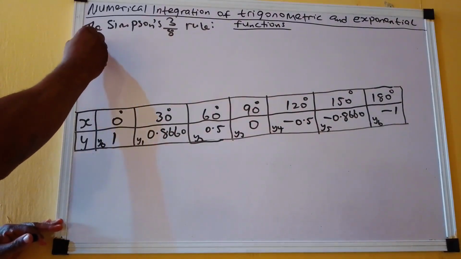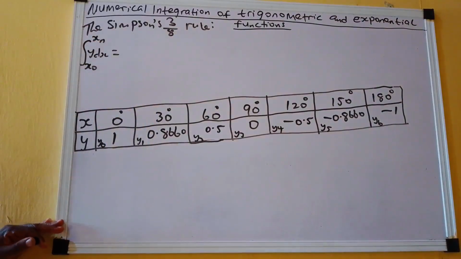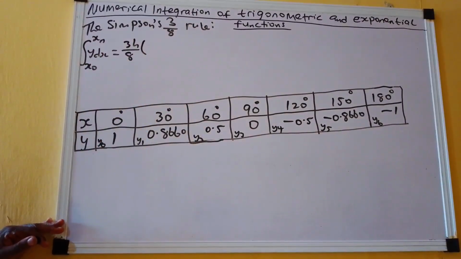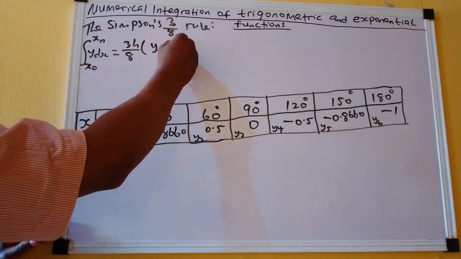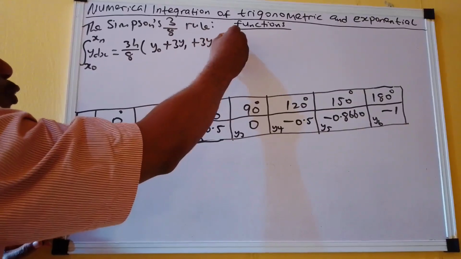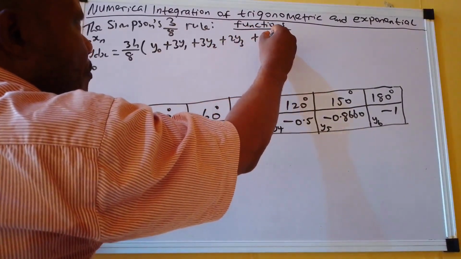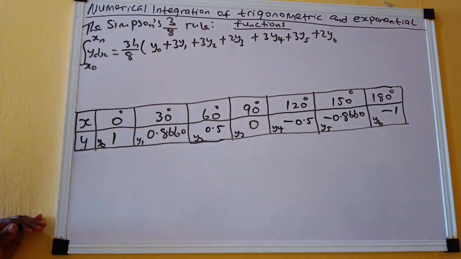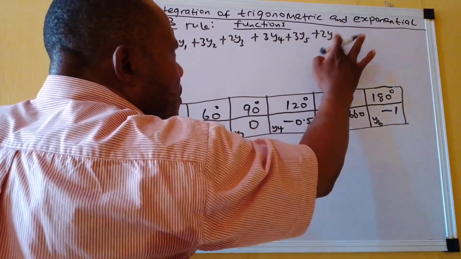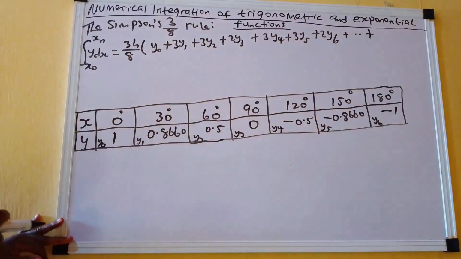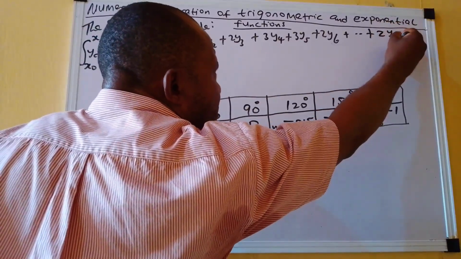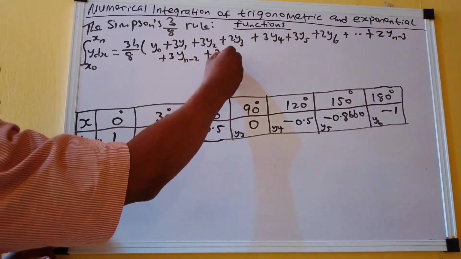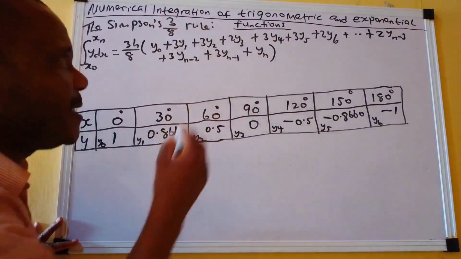You have it as the integral from x0 to xn of y dx is equal to 3h/8 into y0 plus 3y1 plus 3y2 plus 2y3 plus 3y4 plus 3y5 plus 2y6, and you keep on going, plus 2y(n-3) plus 3y(n-2) plus 3y(n-1) plus yn. That is the Simpson's 3/8 rule.